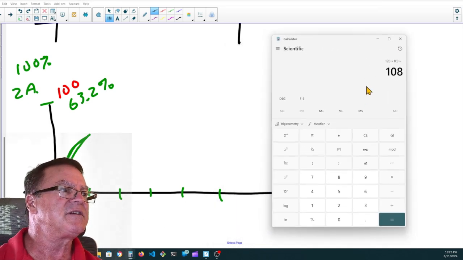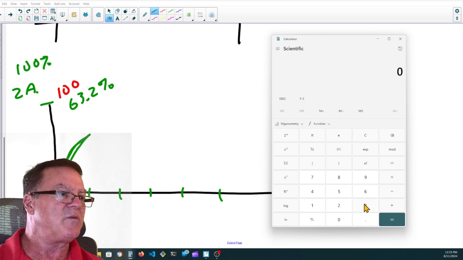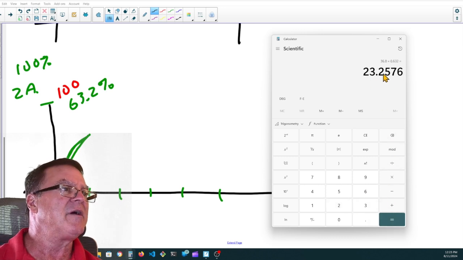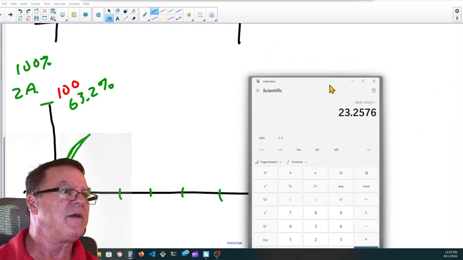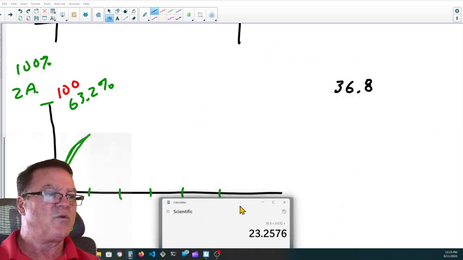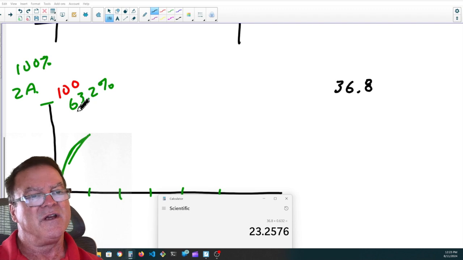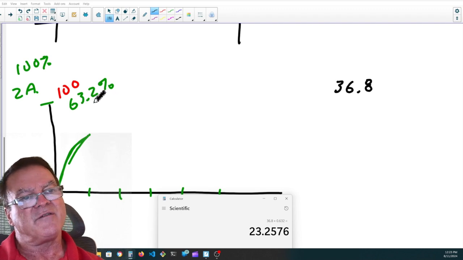If I take 36.8, which is what we have left, 36.8 times 0.632, I'm going to get an additional 23.25% added on to that. 23.25% is going to get me to 0.5.